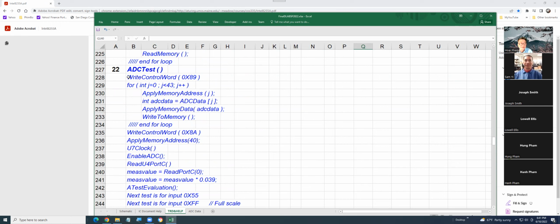You see that ADC 10, 14. We have to write control word 89.